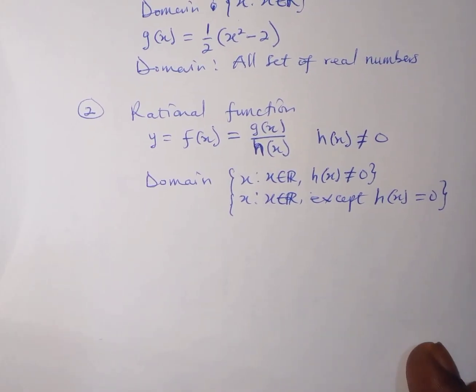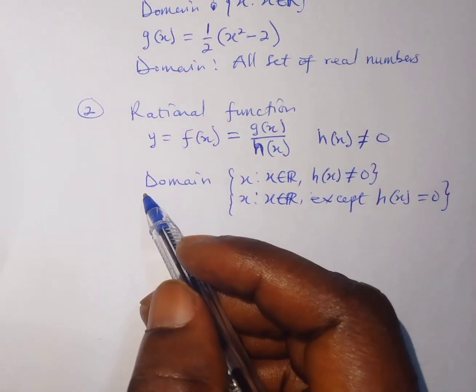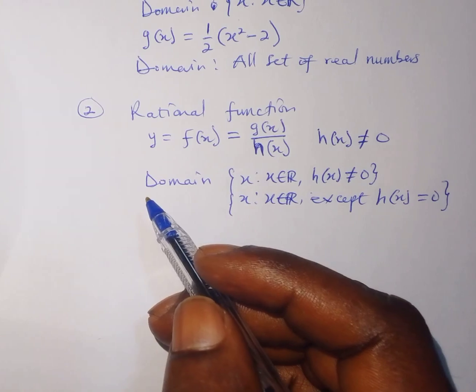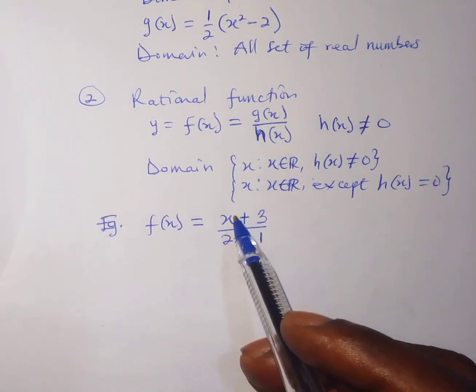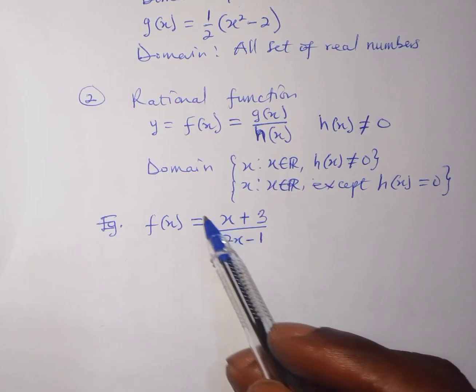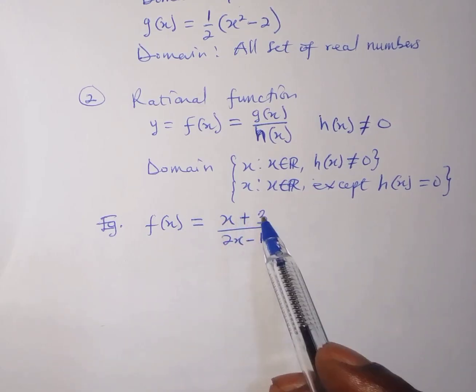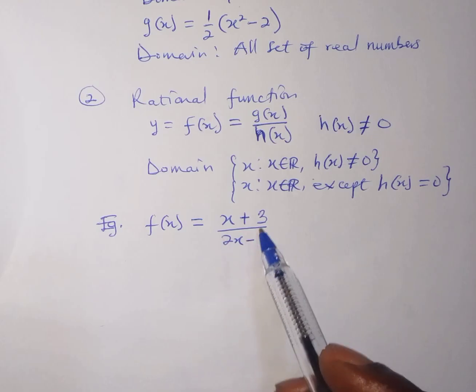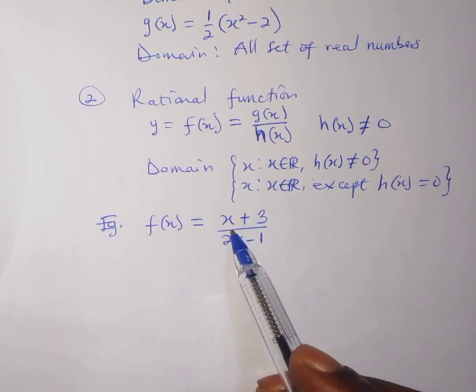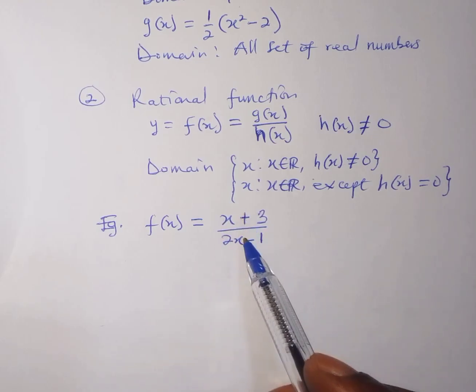So let's take one example on that and see how we can do that. Let's find the domain of this. Looking at this, you see that we are dividing one function by another function. So this is a rational function in fraction form.